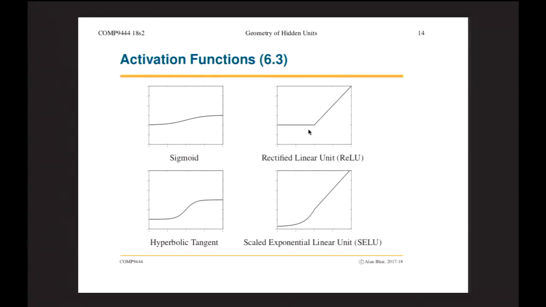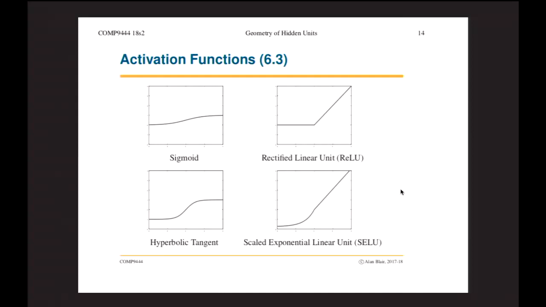And this thing here is another, more recent one that was just introduced last year and has become popular for some tasks, called the scaled exponential linear unit. It's linear on this side, but instead of being 0 on the other side, it has a decaying exponential.